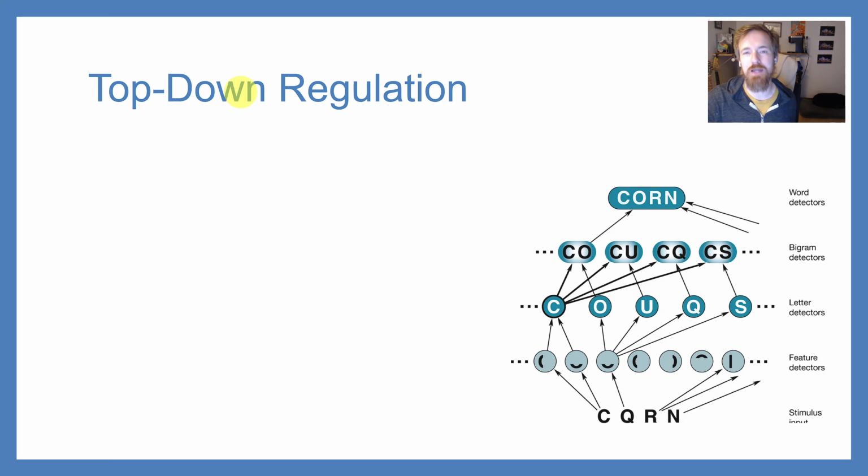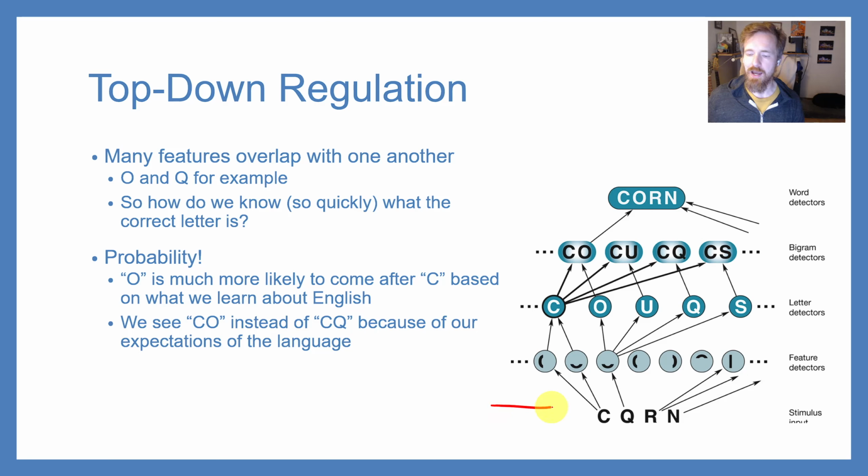So sometimes we have features that overlap with one another in words. In this case, let's say that we got this array, CQRN. That is not a word in English, right? It doesn't have a vowel or anything like that, but it looks like the word corn, kind of. It is totally possible that whenever we have these features being passed up in our feature net, we do essentially a probabilistic analysis.